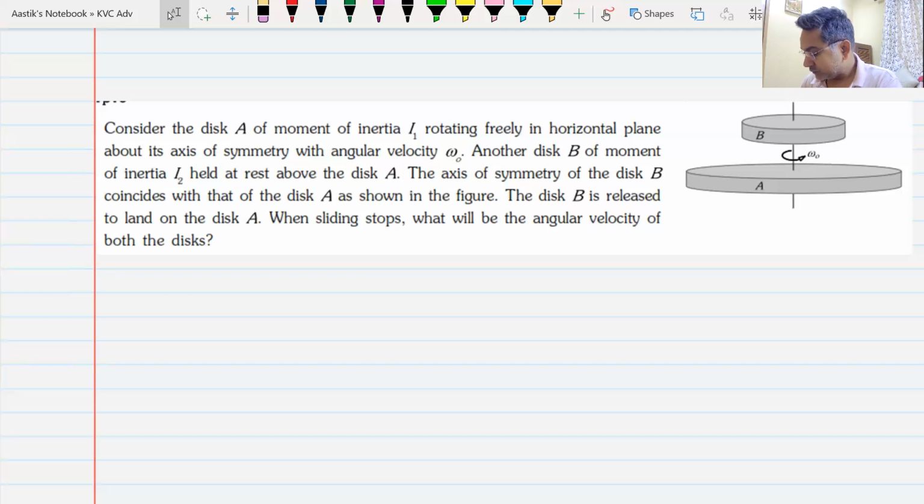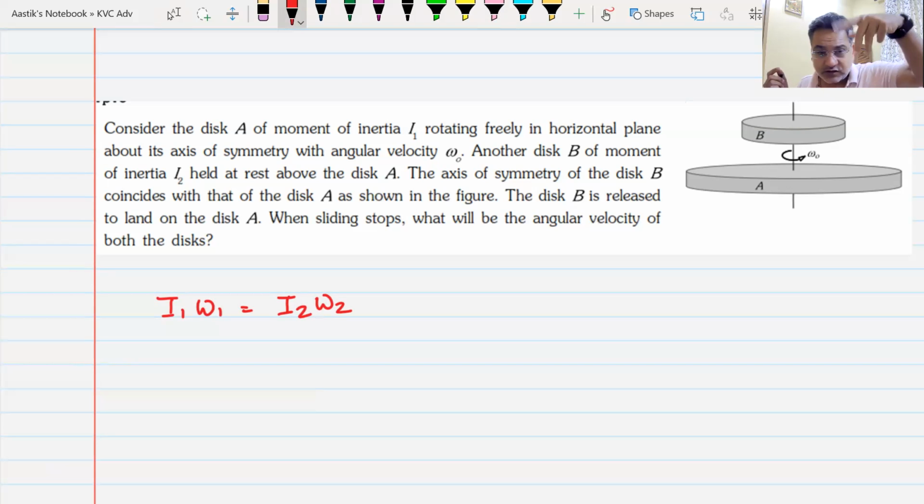So basically, I1 into omega 1, the initial angular momentum, shall be equal to the final angular momentum, I1 plus I2 into omega 2, where I1 plus I2 is the moment of inertia of both the disks.